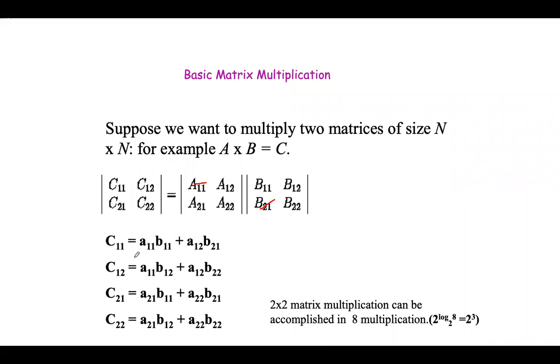If you see regular matrix multiplication for a 2 cross 2 matrix, totally there will be 8 multiplications and 4 additions. Okay, for regular matrix multiplication of a 2 cross 2 matrix, there will be 8 multiplications, 4 additions.